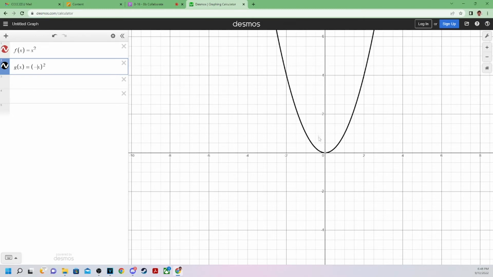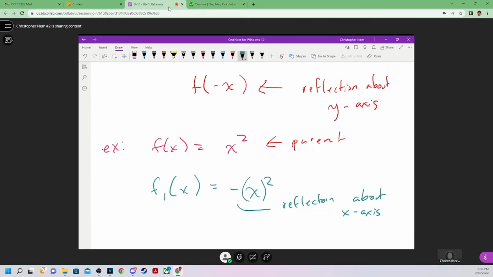If you notice, if this was the mirror itself that you had to flip, you'd get the exact same image. This is fully symmetrical on the y-axis. So when you reflect it, it is the exact same graph. You only see the reflection on the x-axis. So that is the idea of reflections. You can have it on the x or you can have it on the y.